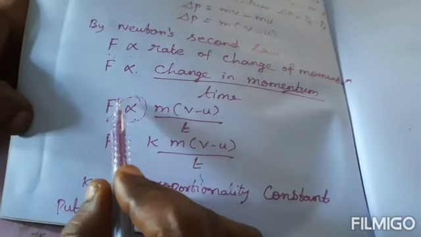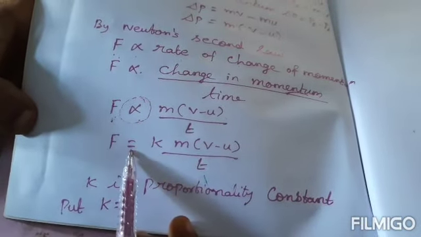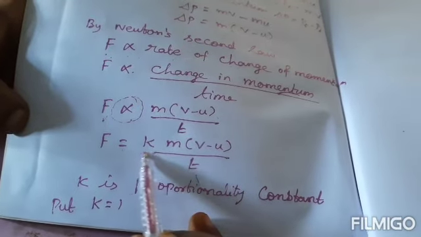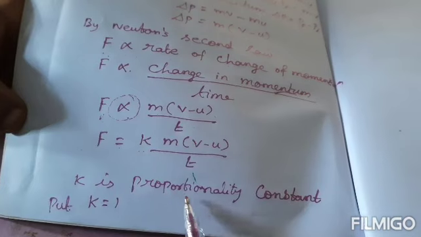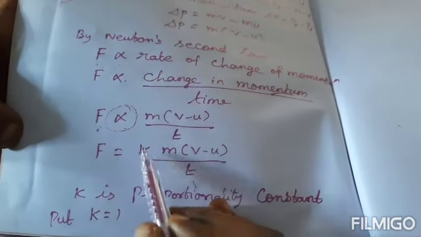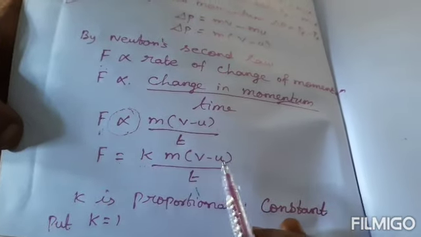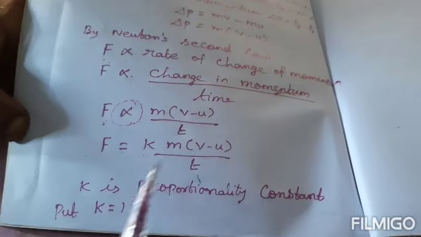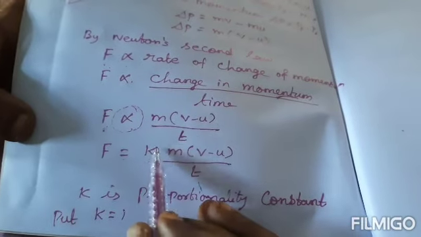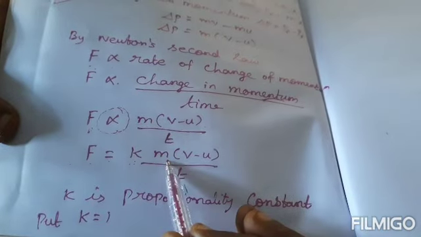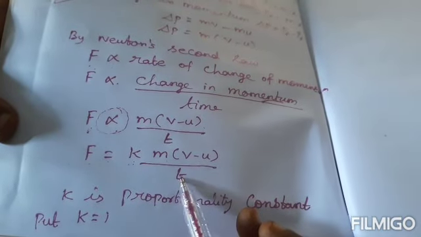Then we have to take this proportionality symbol and put equal to. If we put equal to, put one variable. That variable is K. K is the proportionality constant. So you have to write F equal to K into m into (v minus u) divided by t. So K is the proportionality constant. Put K equal to 1. Suppose if you put 1 here, what value will you get? F equal to m into (v minus u) divided by t.